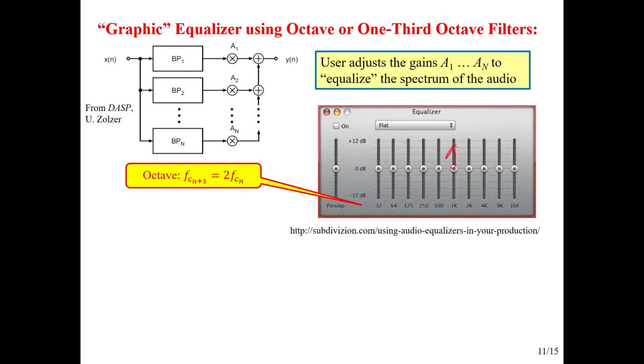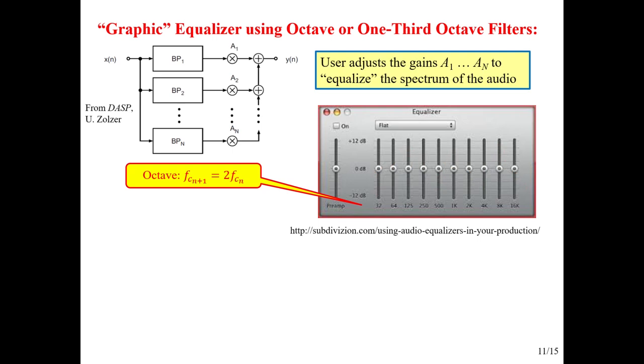So we might move that up, and we might move that down, and that one up, and maybe that one down, and that one down, and that one up, and that one down. So by adjusting those, we will create some sort of frequency response. And in reality, if I were to think about this and just kind of draw a curve between these things, that might be the frequency response that I would get from this, roughly, anyway.